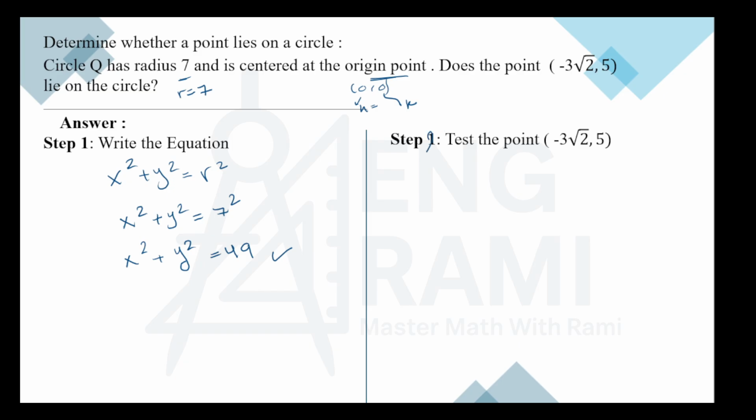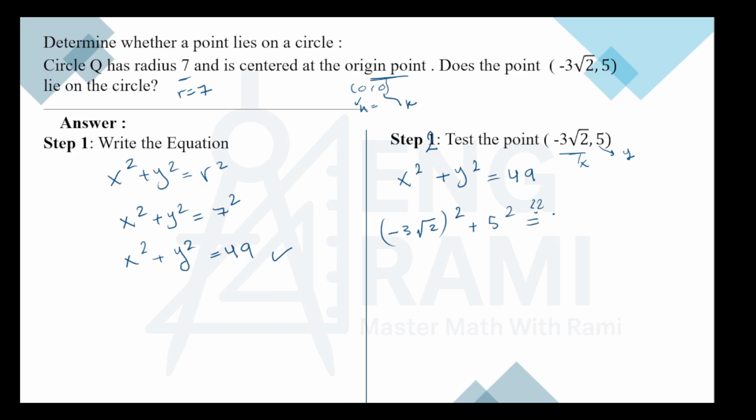Step 2, test the point (-3 square root of 2, 5). We found the equation x squared plus y squared equals 49. From here, this is x and this is y. Let's just substitute: (-3 square root of 2) all squared plus 5 squared.